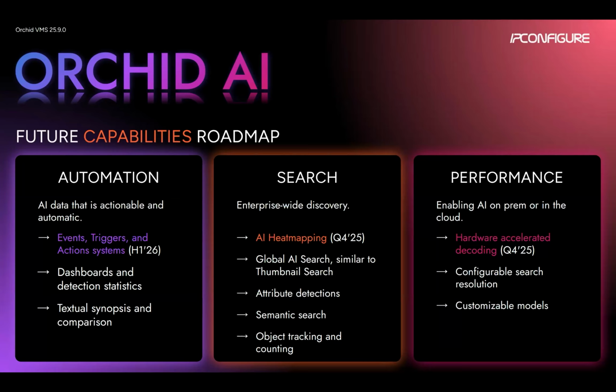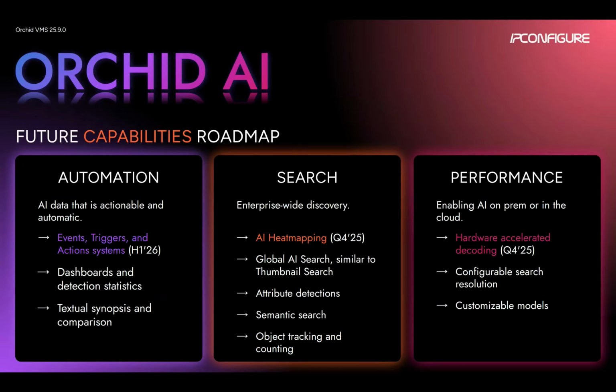And then performance is always a big consideration. We've put a lot of work into making Orchid Smart Search really fast, and that has really lent a lot to the search performance characteristics of Orchid AI, but we've got some additional enhancements that we're planning. So in our next release, at the end of this year, we have some additional hardware accelerated decoding that we're going to do.